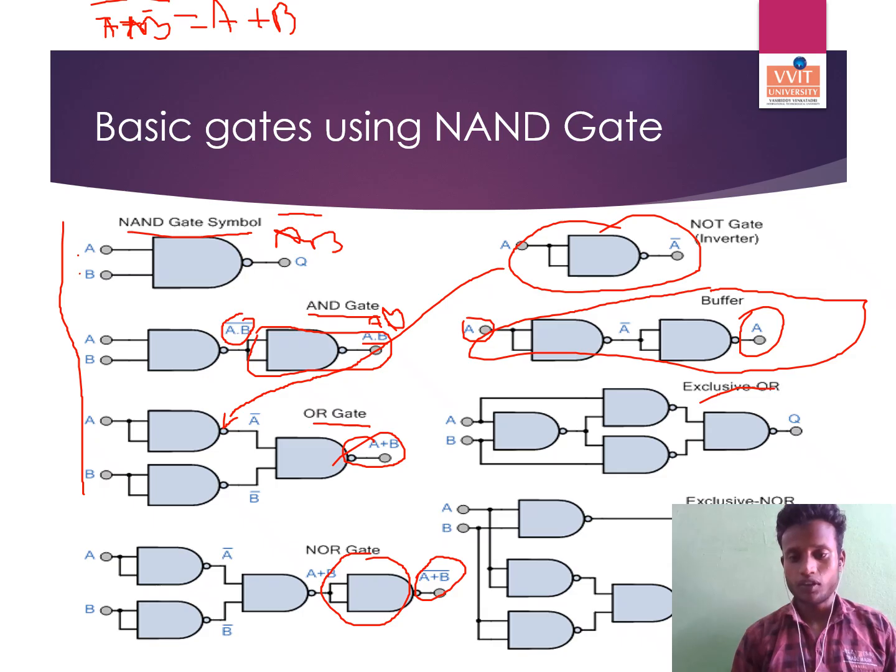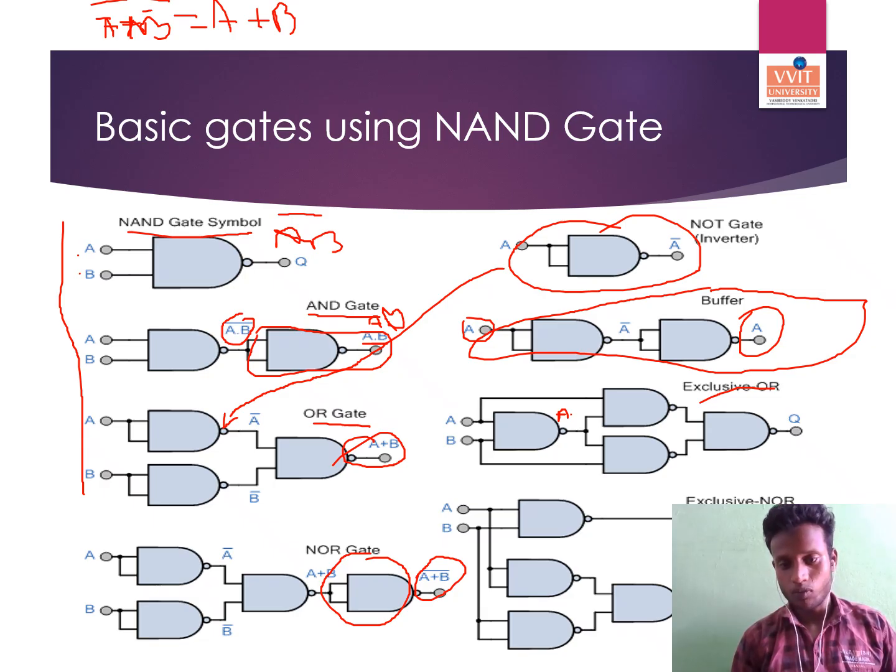Now we are talking about the exclusive OR gate. What is the output here? A into B, A into B whole bar.